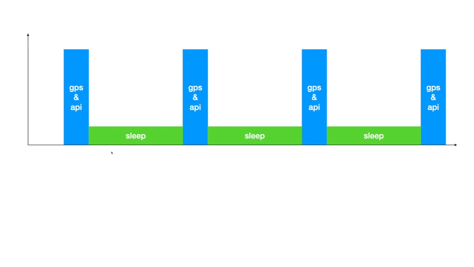If you look at these patterns here, we can't really do much about the GPS and the API time period. We're trying to make that as efficient as we can, and we're doing that by bundling multiple GPS points up into one single API call, and that's the best practice there. What we're focused on in this video is what's happening here during the sleep period. During this period, we want to minimize the power consumption.